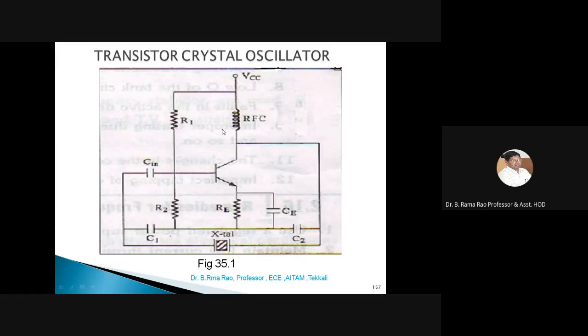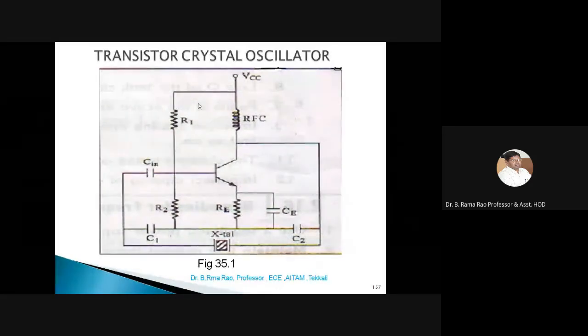If you observe this tank circuit, it is almost similar to the Colpitts oscillator circuit, where Z1 and Z2 are capacitors and Z3 is an inductor. The difference is that instead of L, we have a quartz crystal.